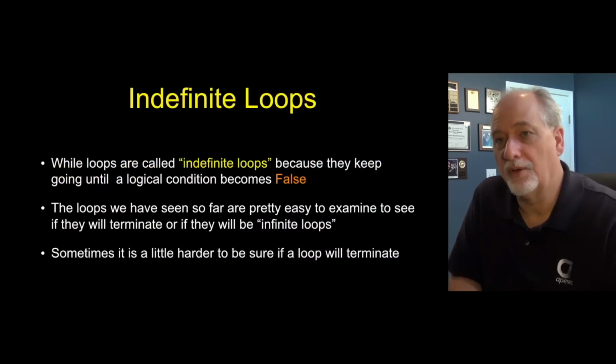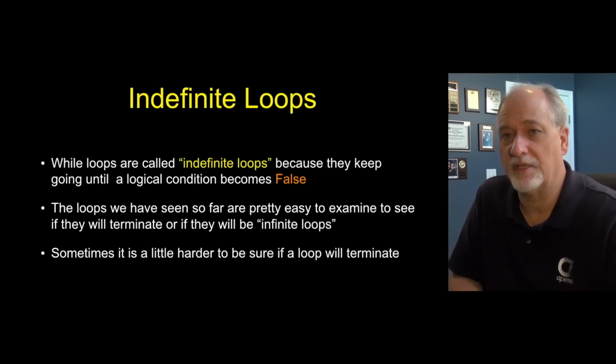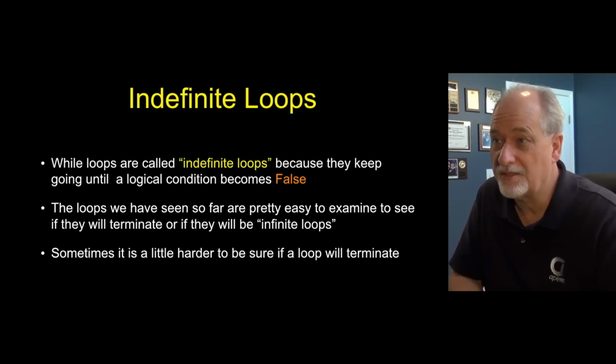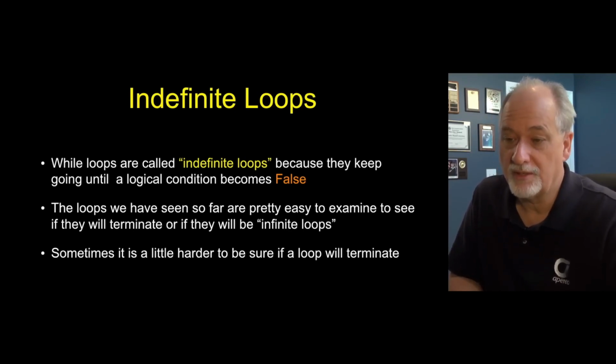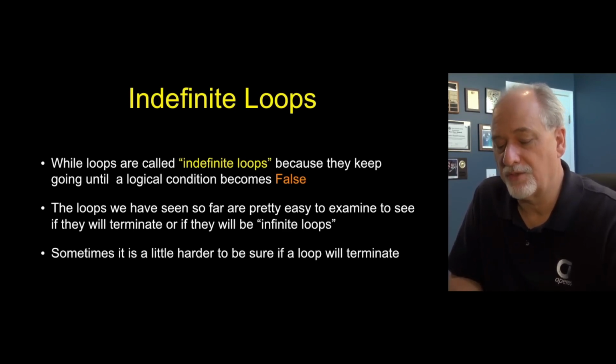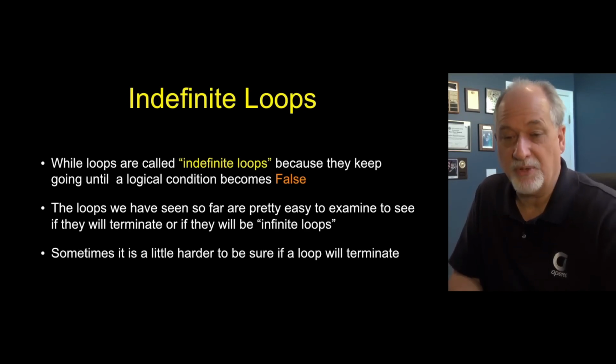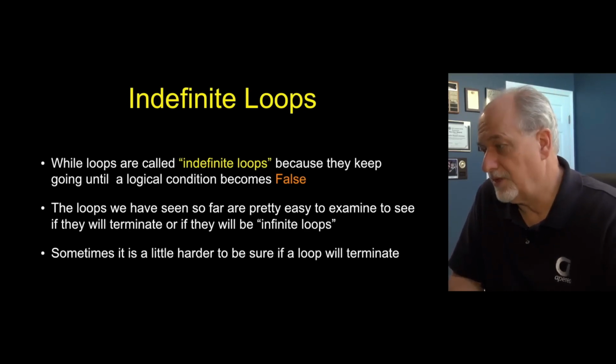So these loops that we've been drawing so far, the ones that use while as their keyword, are called indefinite loops. That's because they go for a while, till a break hits or as long as some value remains true. All the ones we've done so far are easy to look at and they're probably going to finish.